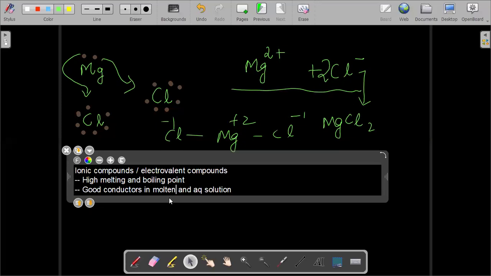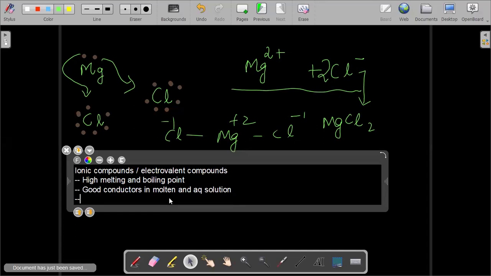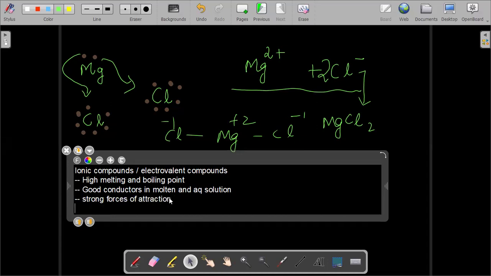Any other points? What about the forces of attraction? They are hard, so strong forces of attraction. What can we say about their structure?